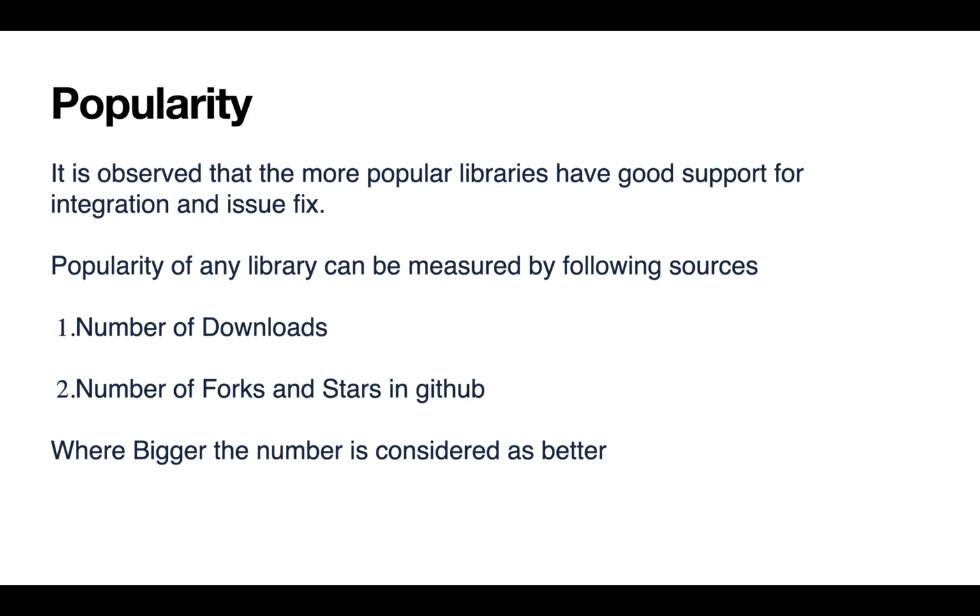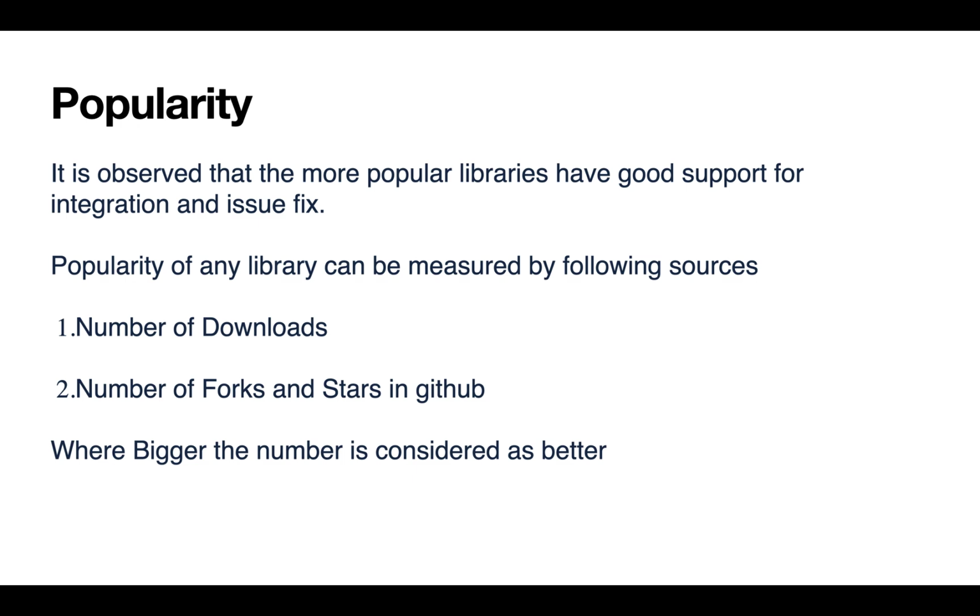Next is popularity. It is observed that the more popular libraries have good support for integration and active issue fixes. So how can we measure the popularity of any library?